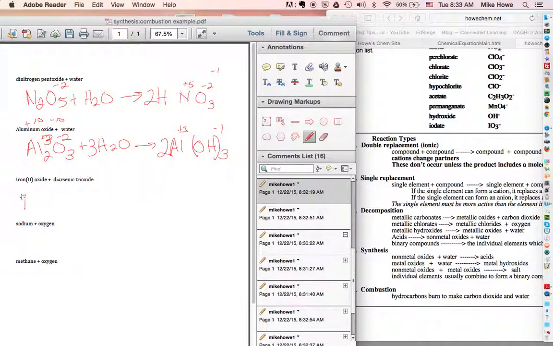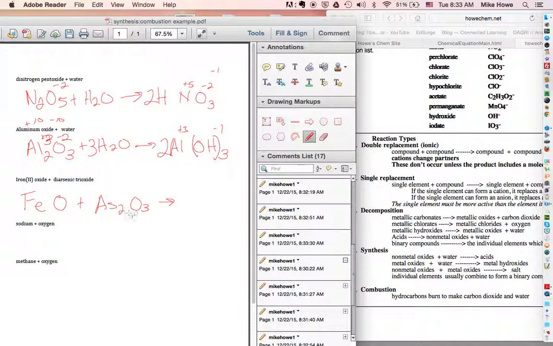Next example, iron(II) oxide, so it'd be Fe with O, plus diarsenic trioxide, As2O3. Again, looks like a double replacement, but if they change partners, don't you end up with the same thing? So this one is a non-metal oxide and a metal oxide, which makes a salt.